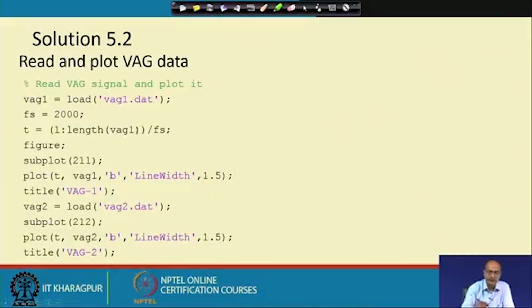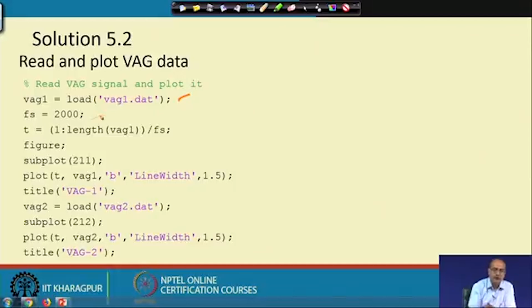Next, first we load the first signal, VAG1.dat, and we note the sampling frequency, that is 2000 hertz.